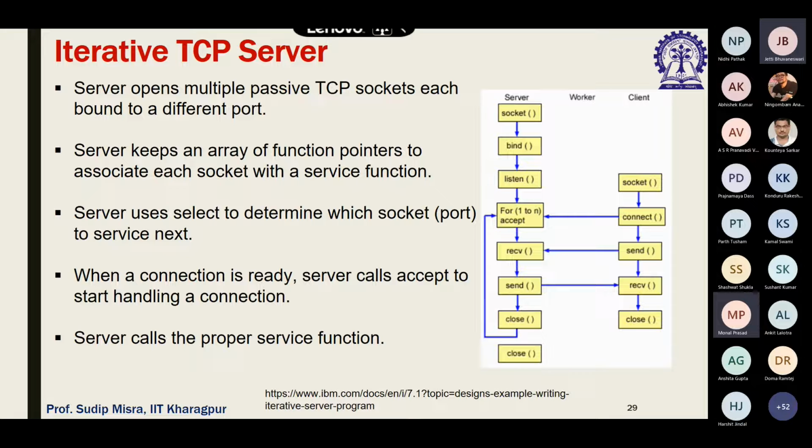Otherwise, it is going to do some iterative processing if it is an iterative server. So today's assignment that we are going to give you will be based on this iterative server. The first part of the question is on the iterative TCP server implementation, and the next one is going to be the iterative UDP server.